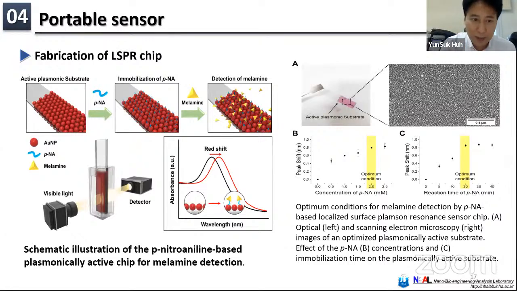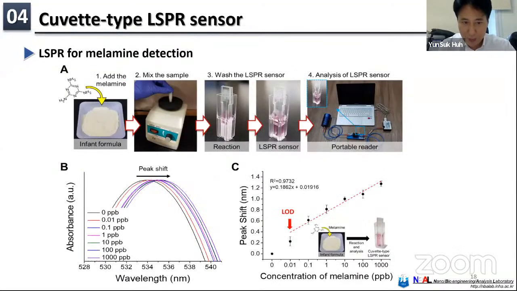We can detect the UV spectrum with a conventional UV-vis spectrometer and figure out the spectrum changes. It's nearly simple, and in our devices we can obtain ppb level sensitivity.